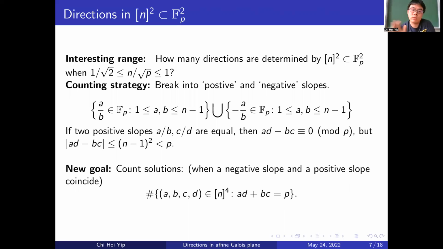That means A over B is equal to minus C over D in F_p. We can rearrange that to see that this happens if and only if AD plus BC equals p. So the problem is reduced to counting the number of solutions to this bilinear Diophantine equation.